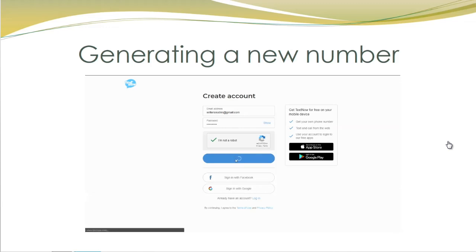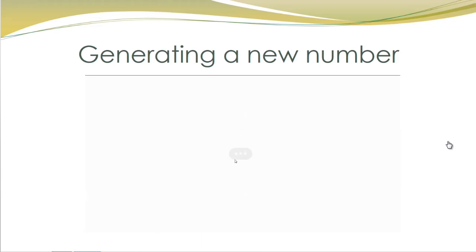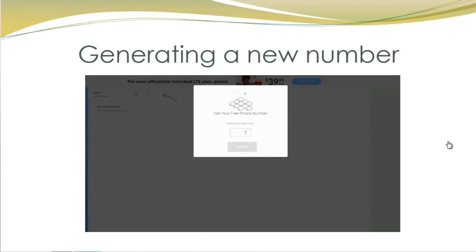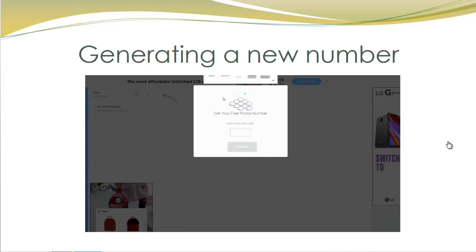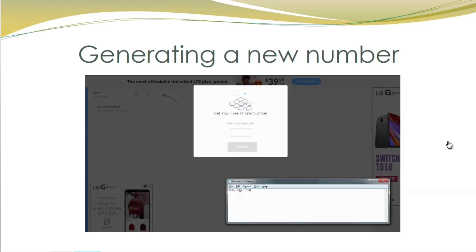The next page asks for an area code. This code should be based on US cities. In my experience, I tried with other codes, but that did not work. So you can choose any of the three codes shown in the notepad.